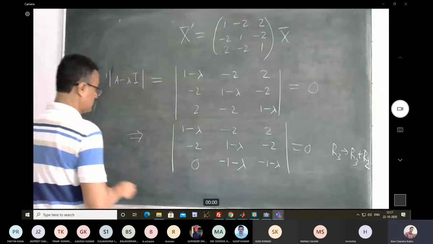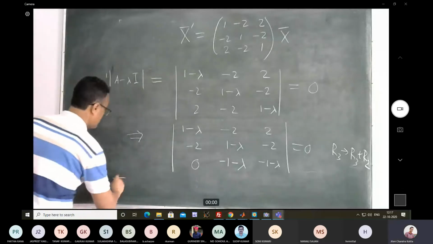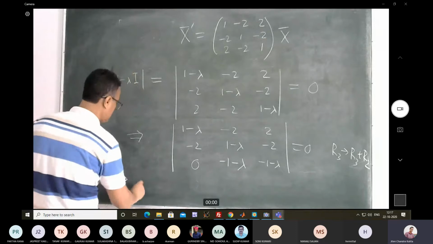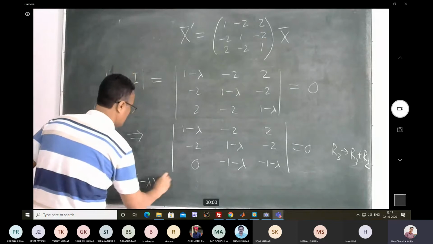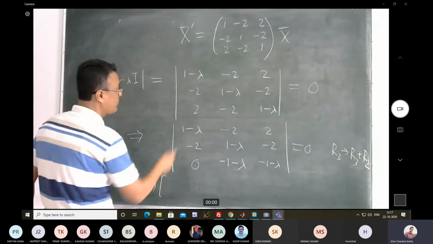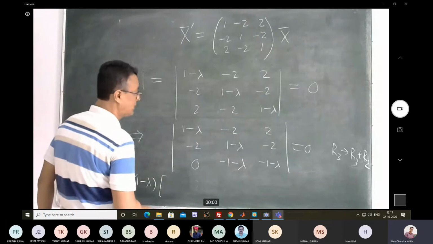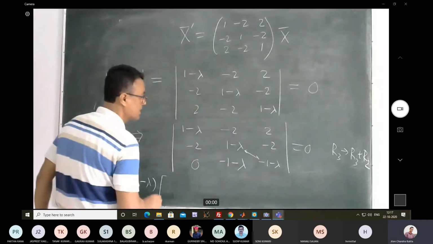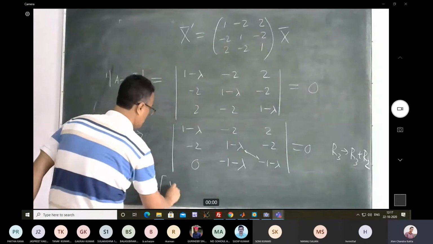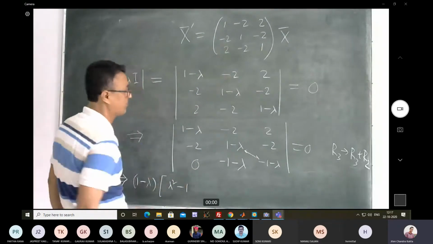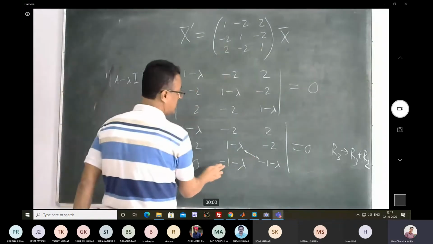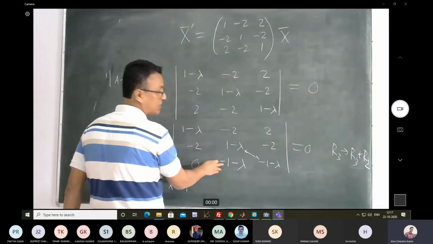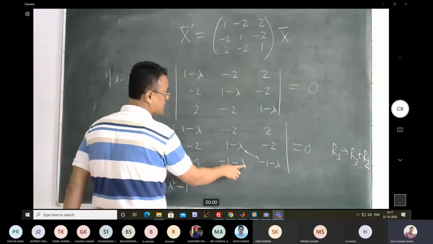So this is going to give me λ square minus 1, and there will be a minus sign here, minus times minus gives plus, into this again.